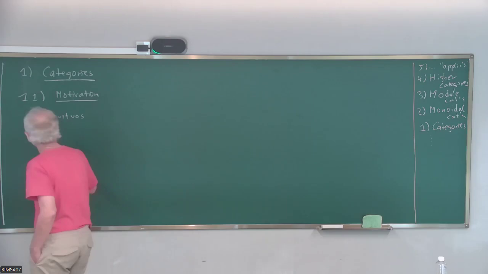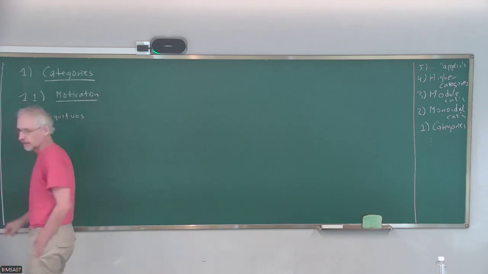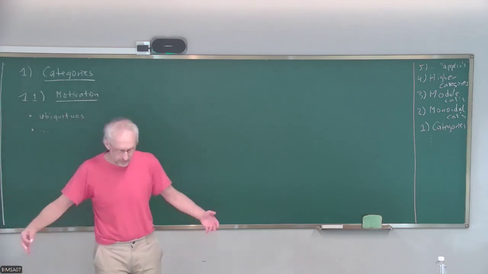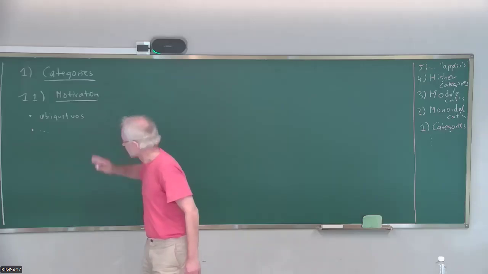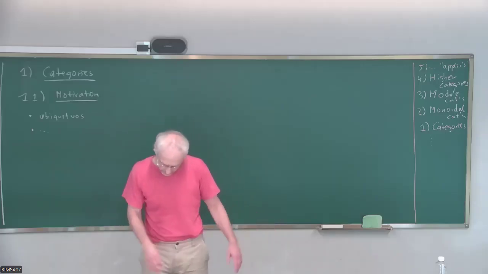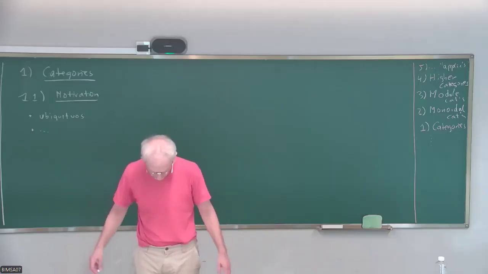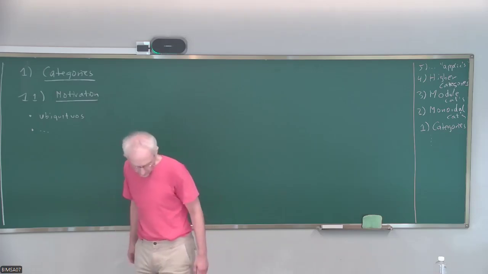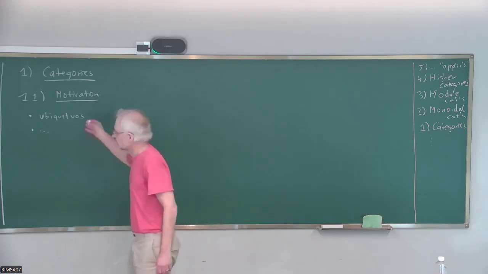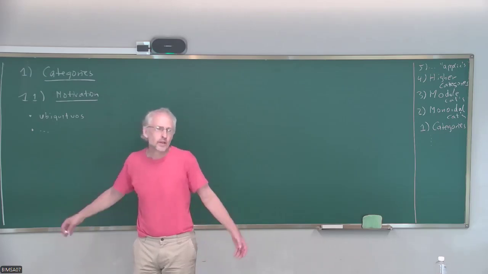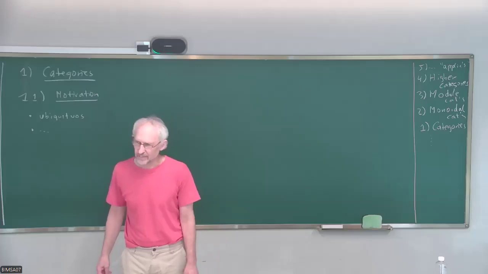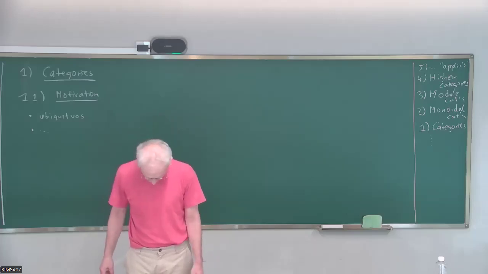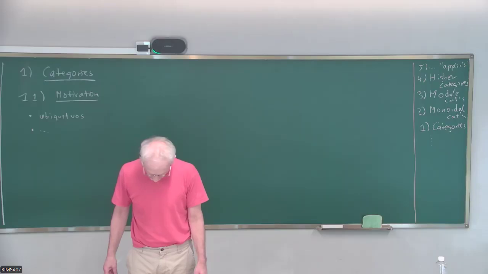And then there are many concrete, specific motivations. Originally, categories were developed partly in abstract topology, and then many more possibilities. But if you want to know about some of them, just look at the Wikipedia page on categories. They have a list of motivations.